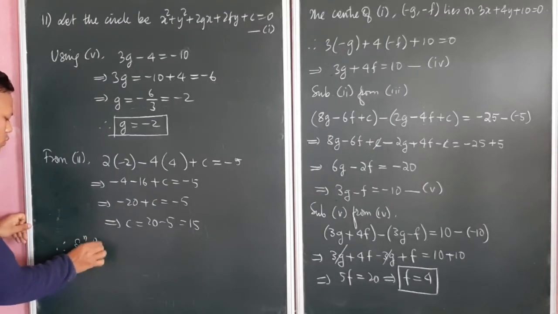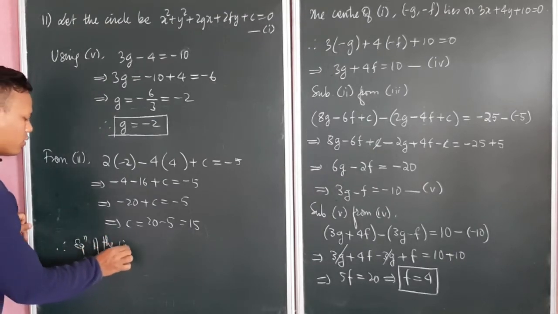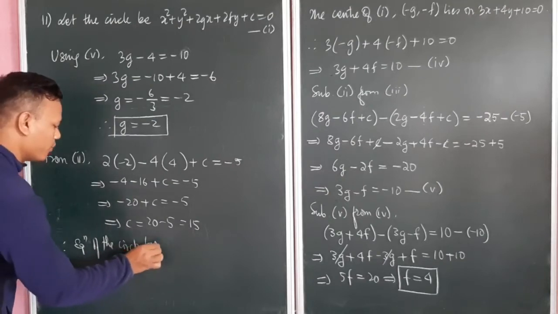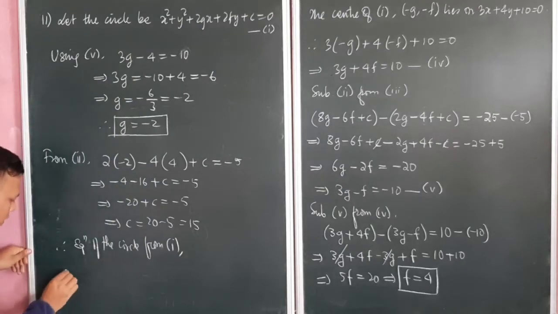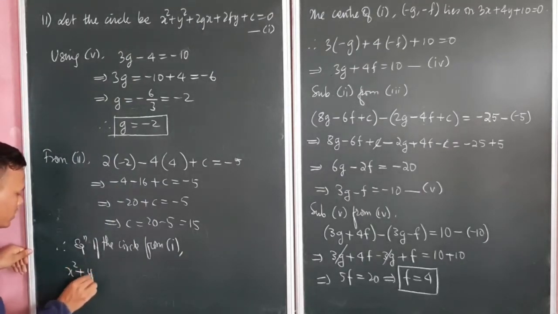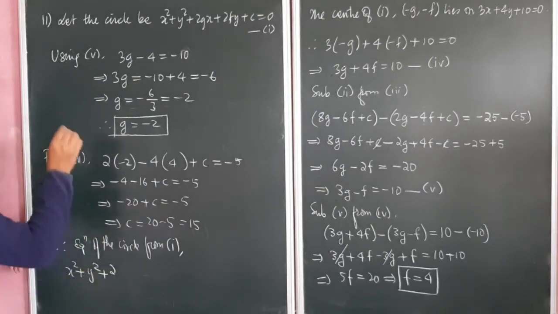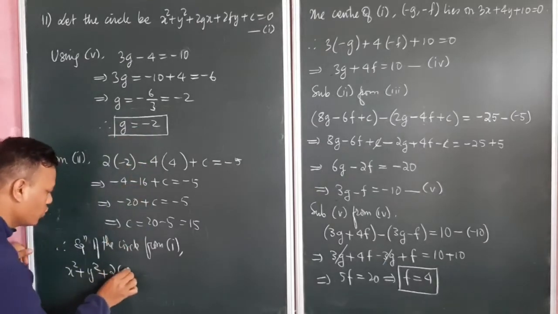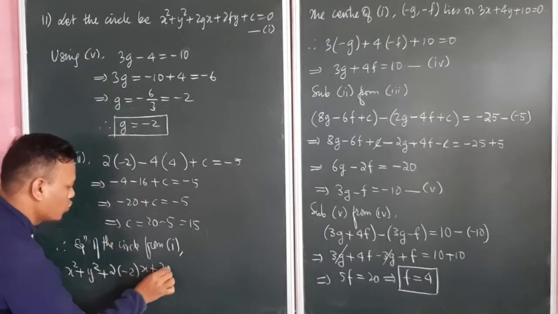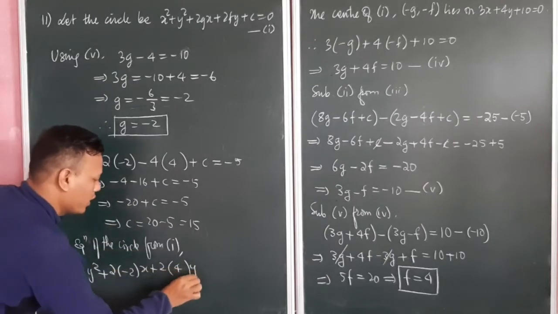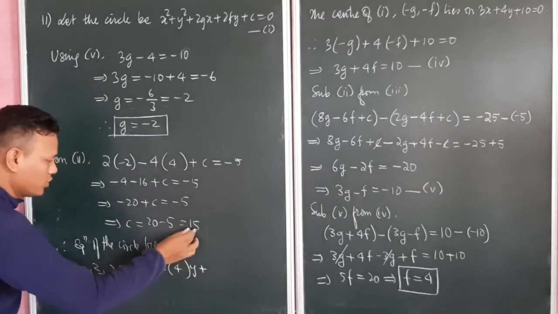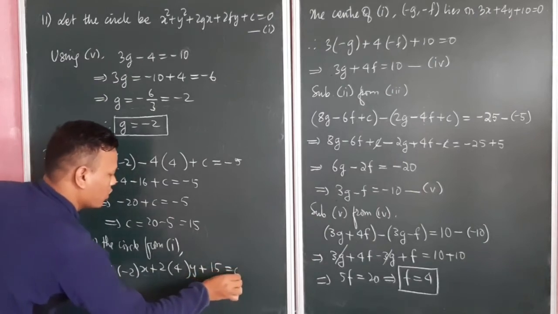equation of the circle from 1. Okay, so from 1 is x square plus y square plus 2g, g is how much? g is minus 2, x plus 2f, f is given to 4, y plus c. c is equals to how much? c is 15 equals to 0.